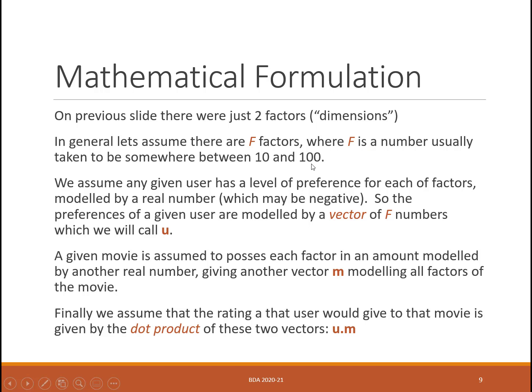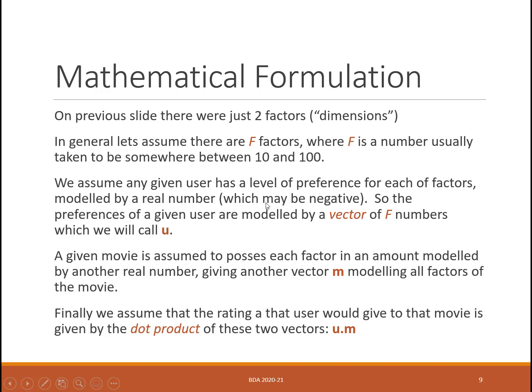We define u as a vector of f real numbers. This vector determines the preference of a user for each factor modeled by a real number. This number can be positive, 0, or negative.